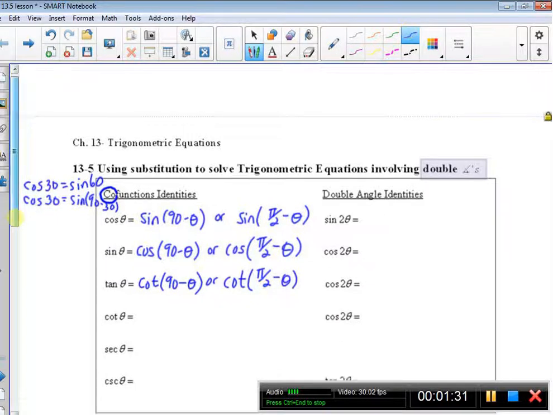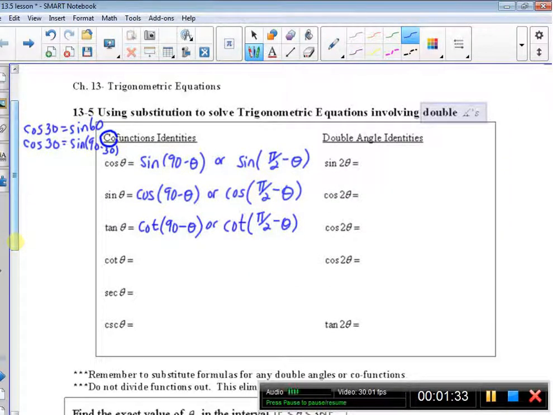And I'm just going to go down through. Cotan is equal to tan of 90 minus theta, and I'm going to put little degree symbols there, or the tan of pi over 2 minus theta.